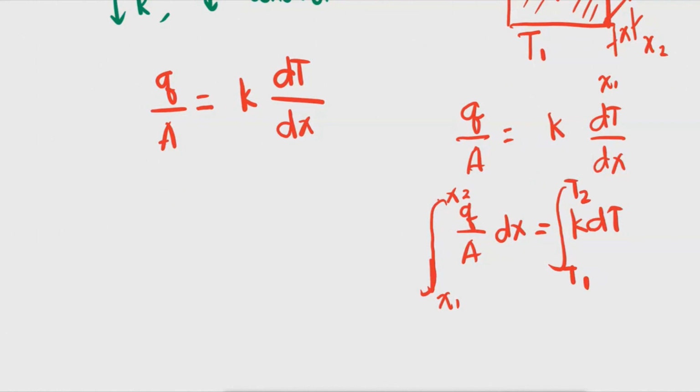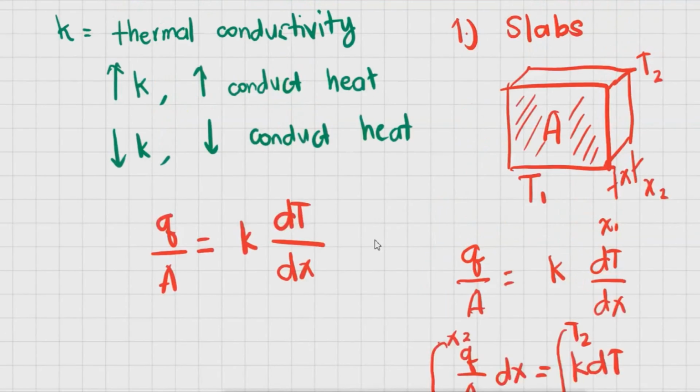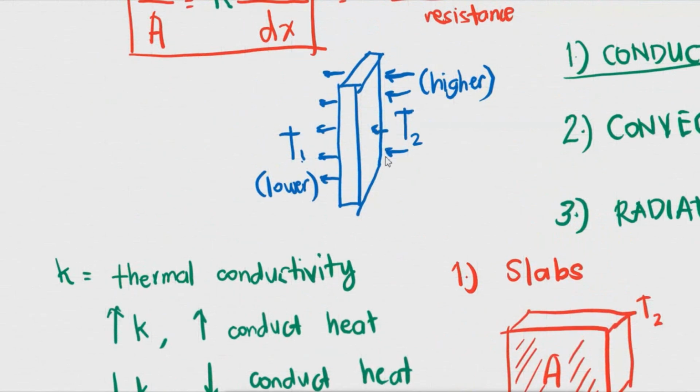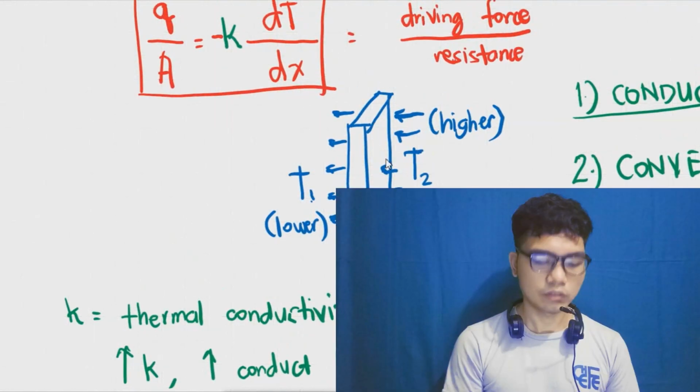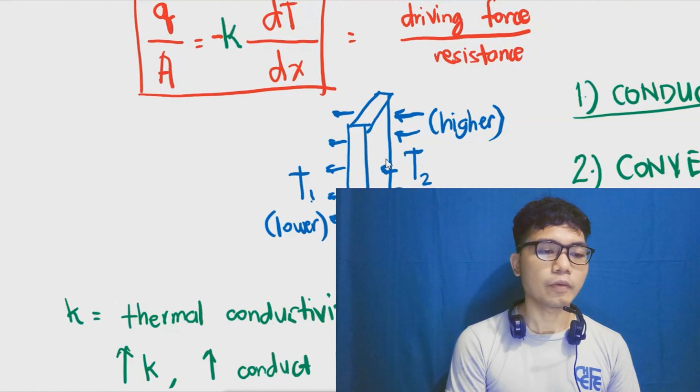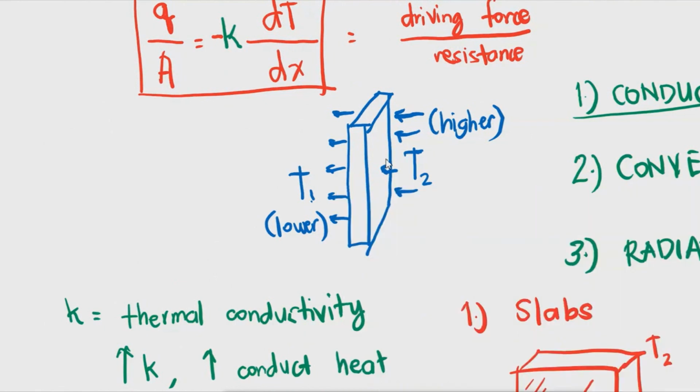Oh, sorry, by the way, I forgot to mention about the sign here. This is very important since we're dealing with the negative. The negative in the equation is very important because if the direction of the heat flow is towards the x direction, as you can see here, it is from the higher to lower region.